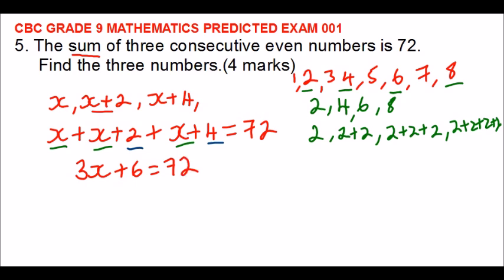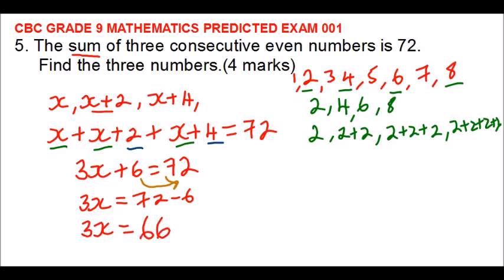Then we take 6 to the other side. We would have 3x is equals to 72 minus 6. So it means 3x is equals to, when you subtract 6 from 72, you get 66.